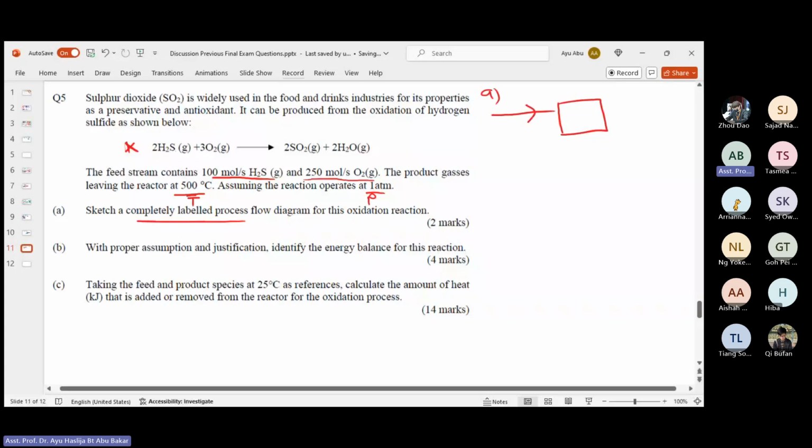We have 2 inlet streams. Feed stream: H2S, O2.